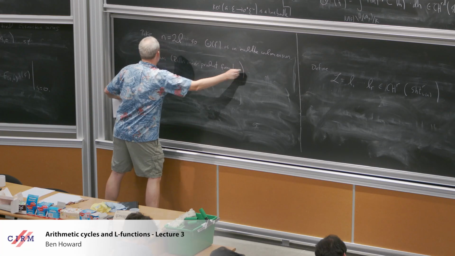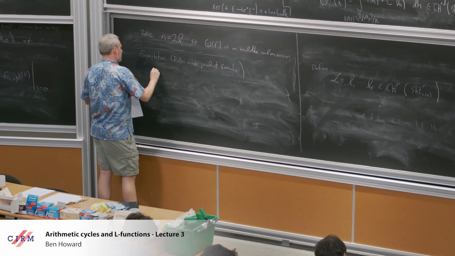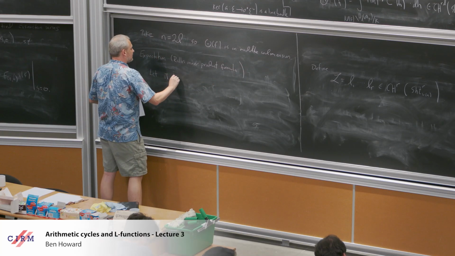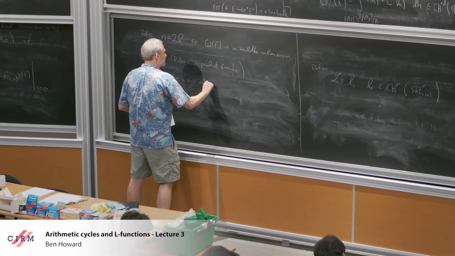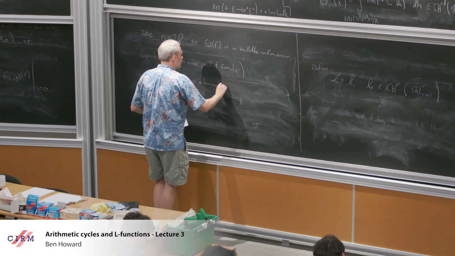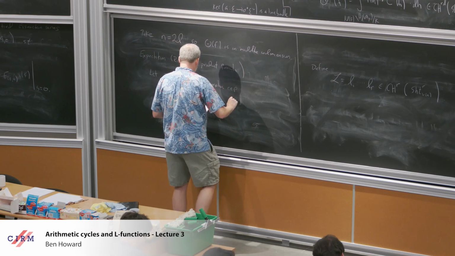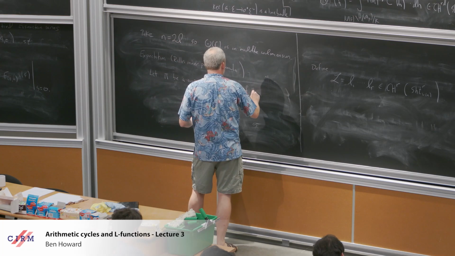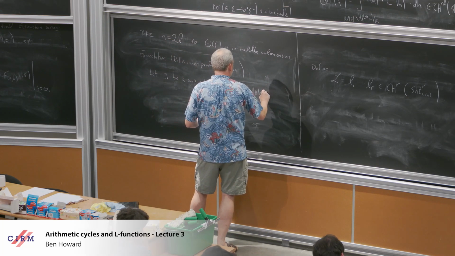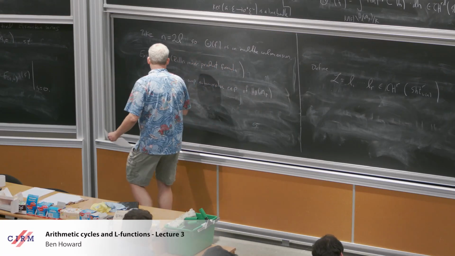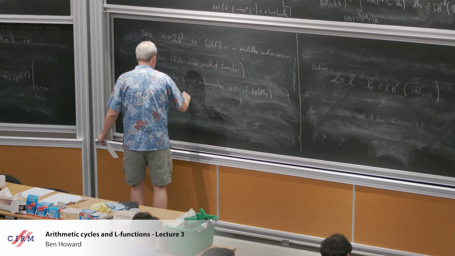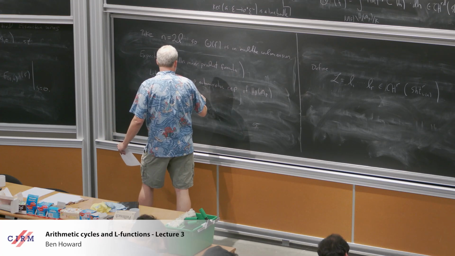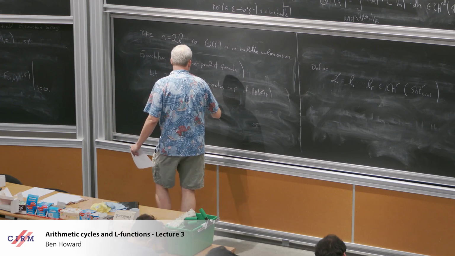So let pi be a cuspidal automorphic representation of H_D. And take unramified vectors f in pi. Assume that it's an unramified automorphic representation.